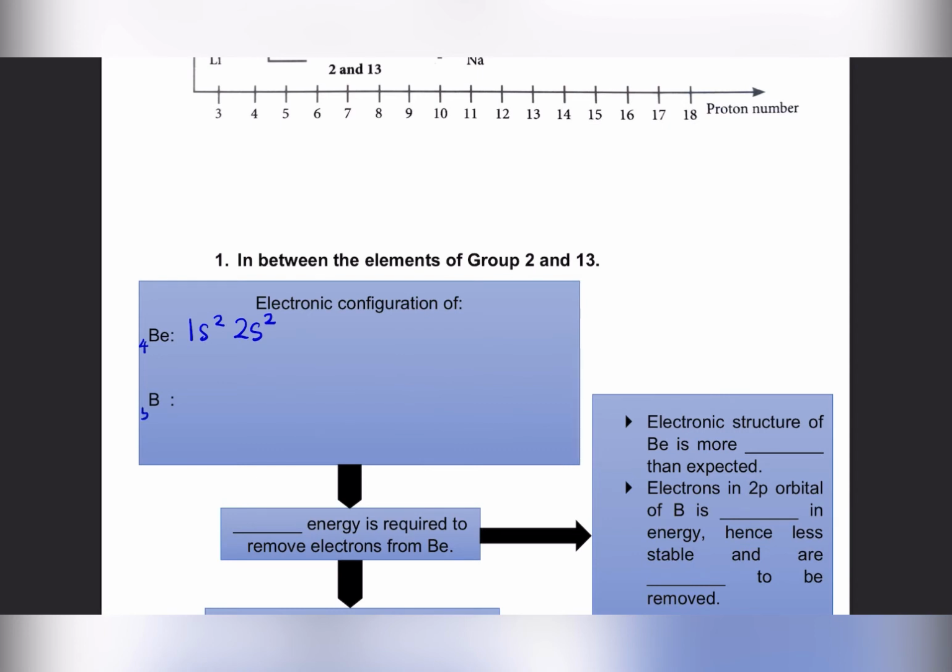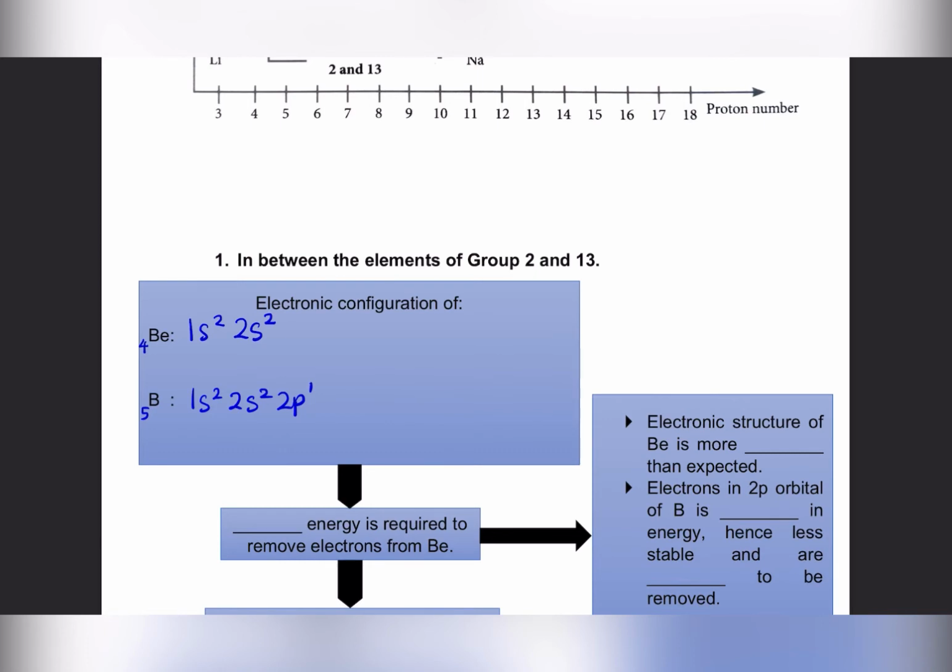And then for boron, we have 5 as the proton number, so the electronic configuration is going to be 1s2, 2s2, 2p1. And in this case, I write my electronic configuration in SPDF notation.